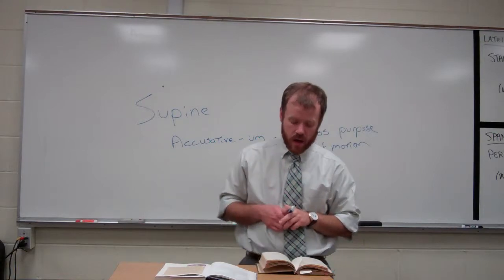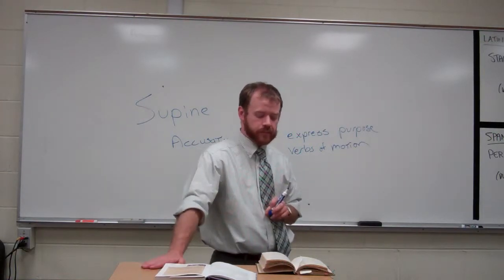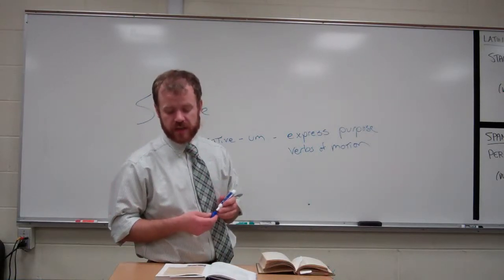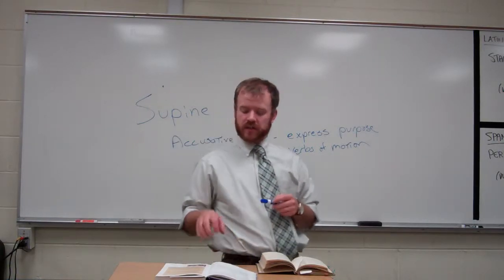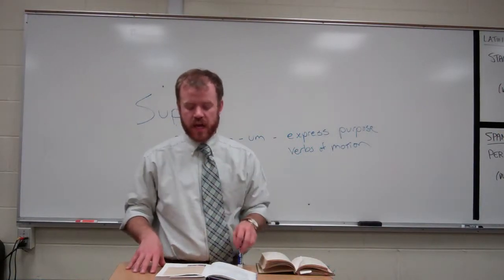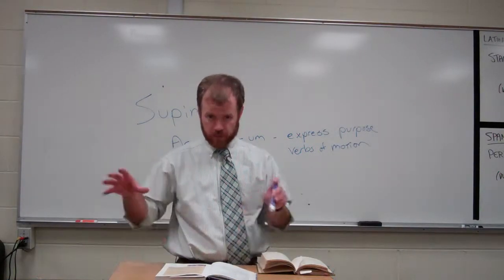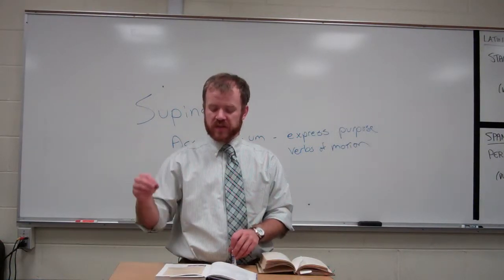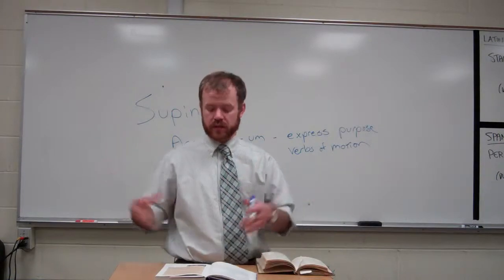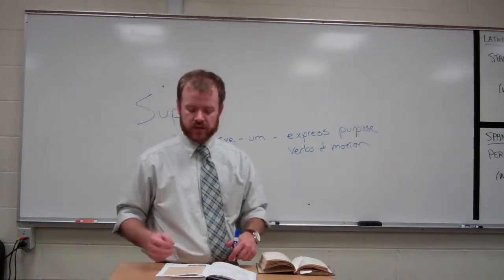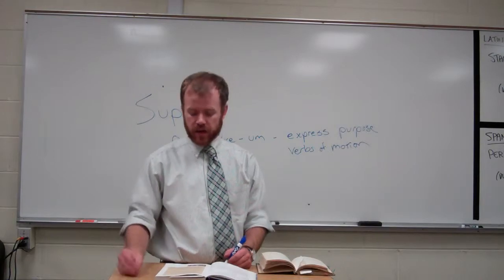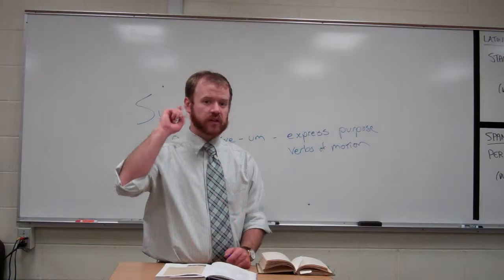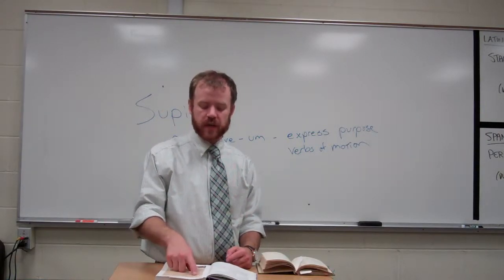So, in your book, we have ad basilicam orationes habitum vel ad curiam orationes auditum contendo. So, I hurry, verb of motion, to the basilica for the purpose of having speeches, orationes habitum, or I hurry to the Senate House for the purpose of hearing speeches, orationes auditum.